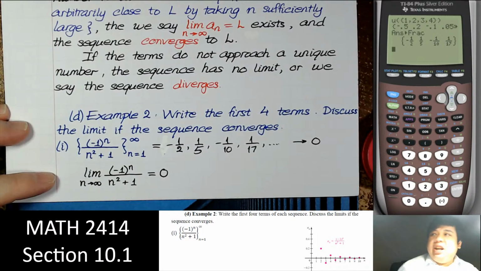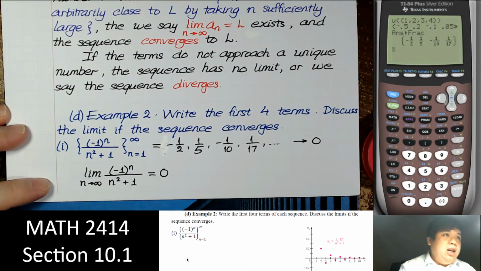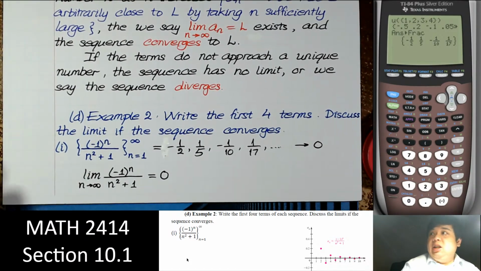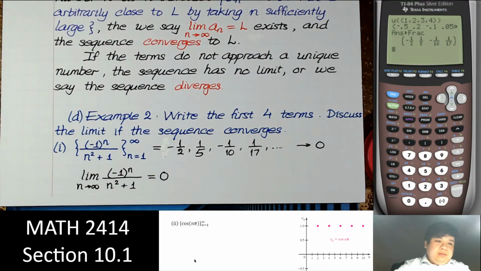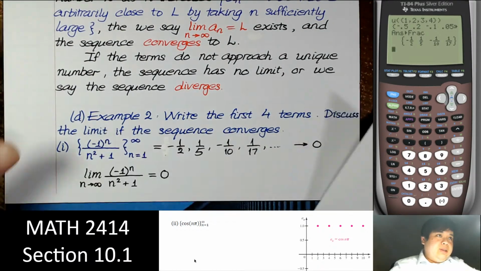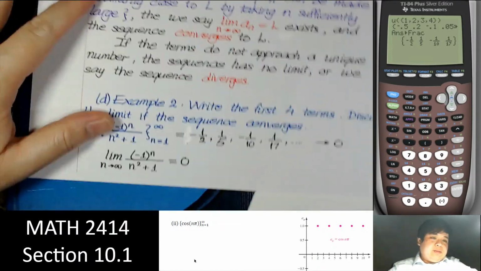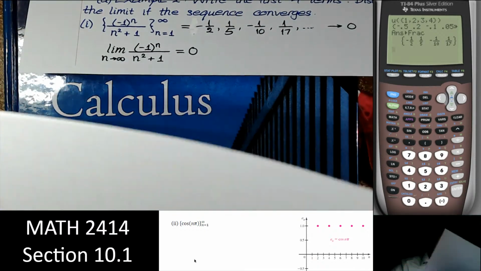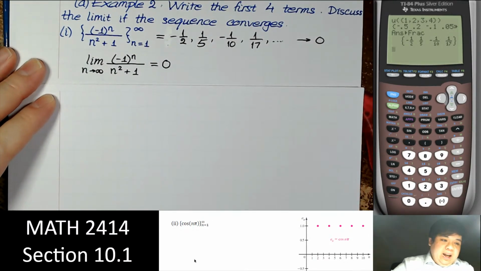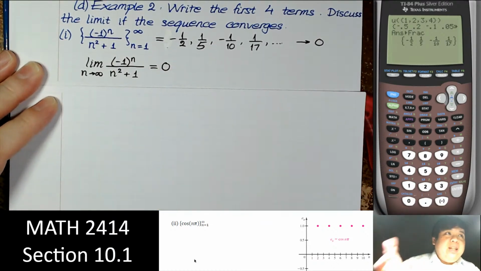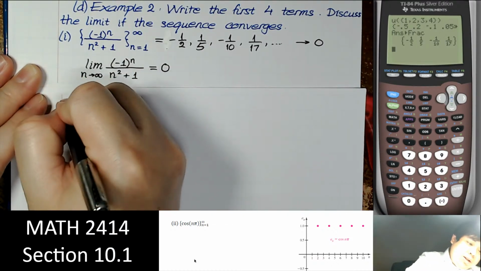Well, in the next section we actually learn about the limit of a sequence, which is no different than the limit for a function. Right now we just see the pattern and guess the number pretty much.